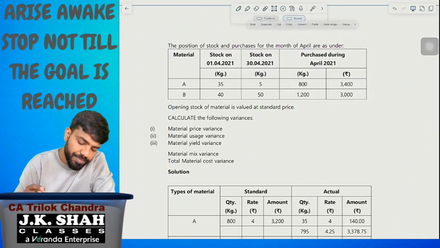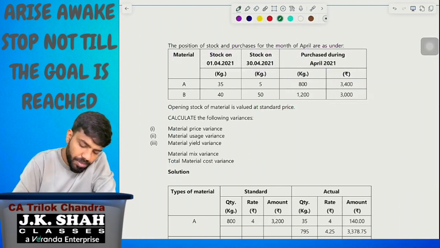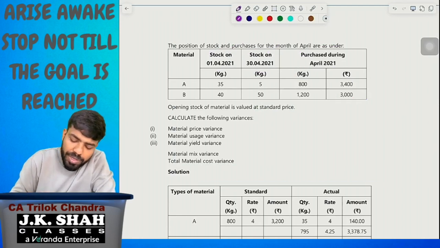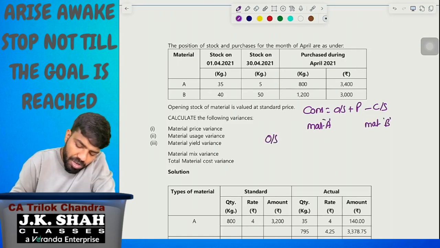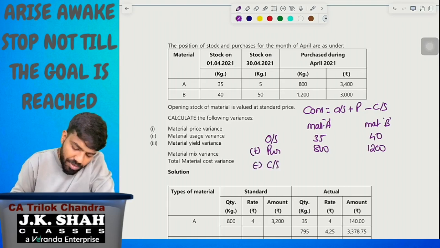Now listen to me carefully. How to calculate consumption? Consumption equals opening stock plus purchases minus closing stock. Here we have two types of material, material A and material B. Opening stock of material A is 35 kgs, material B 40 kgs, plus purchases: material A 800 kgs, material B 1200 kgs, minus closing stock: material A 5, material B 50.